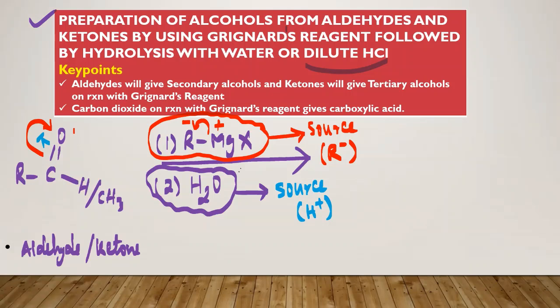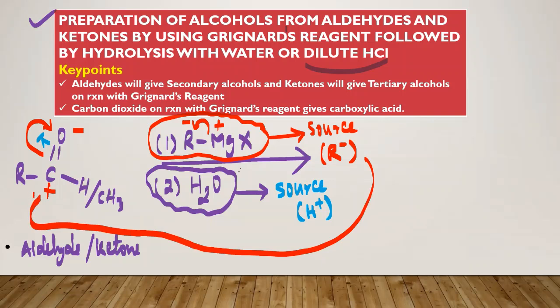Once we shift it, we'll get a negative charge here and positive charge here. Now we have two things with us, R minus which comes from Grignard's reagent and H plus which comes from water. So R minus will surely attack the C plus of carbonyl group. So obviously the R minus will come down and attack the C plus here. And H plus which comes from water will go and attack the O minus here.